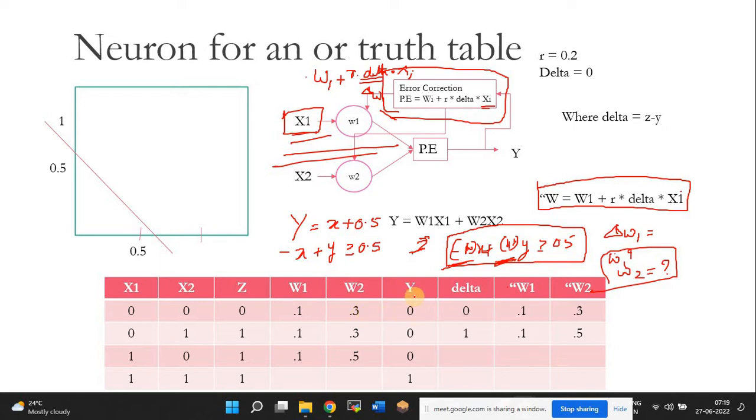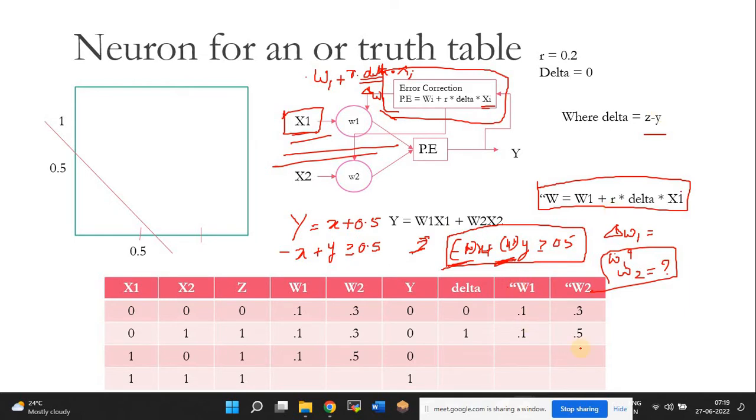If you multiply and run the expected output through this neuron, delta is the change that needs to occur, where delta is equal to z minus y, the desired output minus the actual output that comes from the neuron.